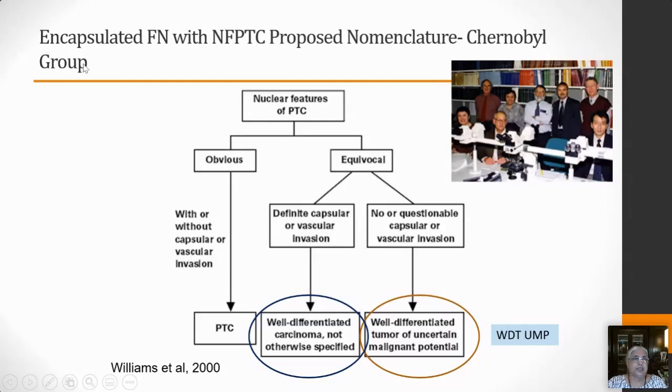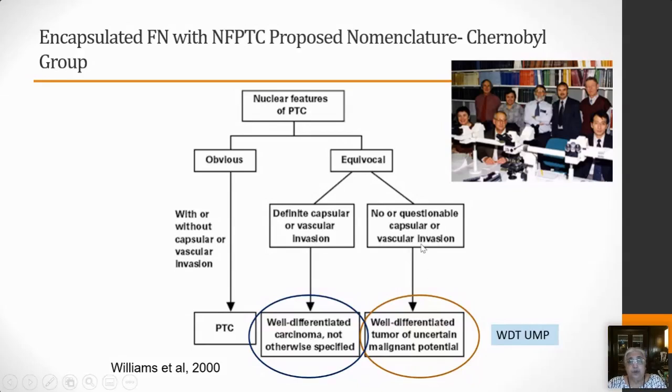If you had an encapsulated follicular pattern lesion with nuclear features of papillary thyroid carcinoma, when they were obvious, they called them papillary thyroid carcinoma, because in the year 2000, of course, that's what those tumors were being called. But if they were equivocal and there was capsular vascular invasion, then they used the term well-differentiated carcinoma, not otherwise specified, because they didn't know whether they should call them well-differentiated follicular or well-differentiated papillary carcinomas, because the nuclear features were equivocal.